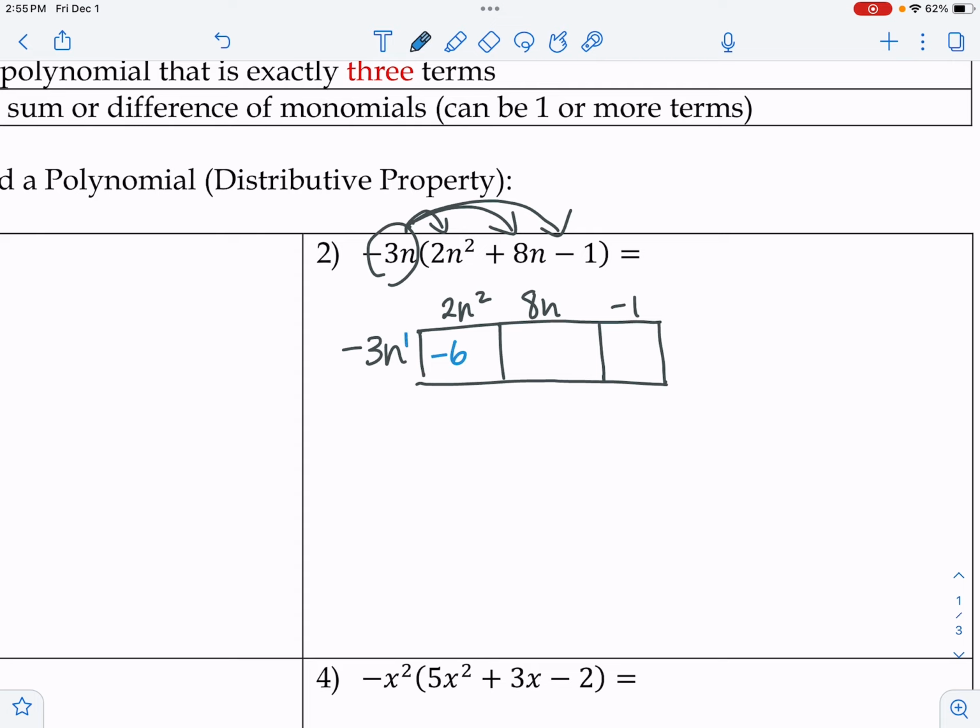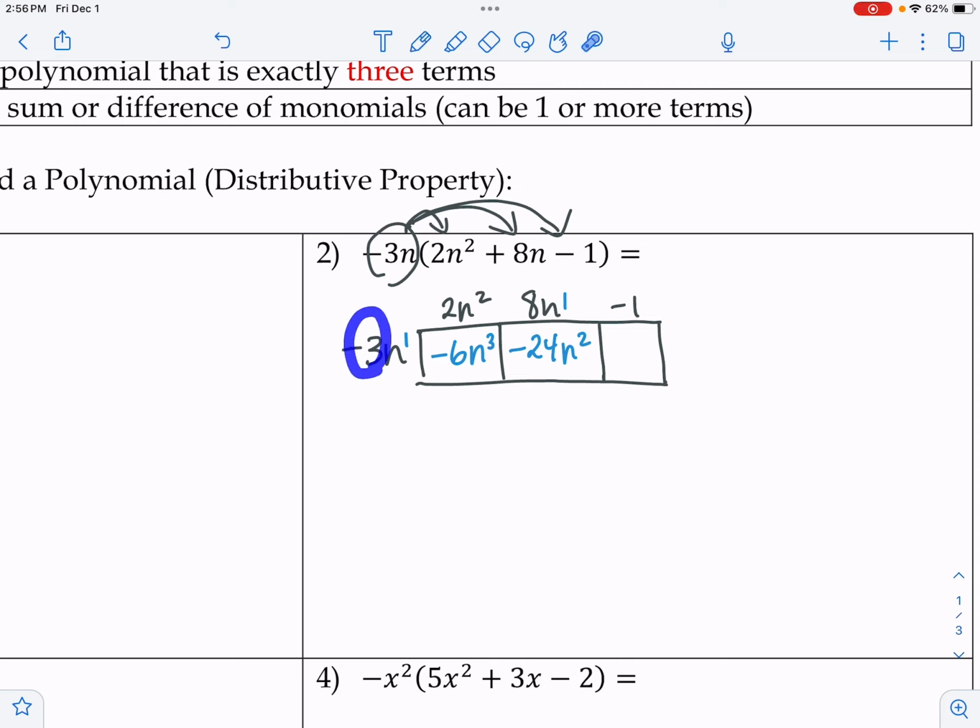And then I'm going to fill in these invisible ones. 1 plus 2 is 3, so n3. Negative 3 times 8 is negative 24. And then 1 plus 1 would be 2.